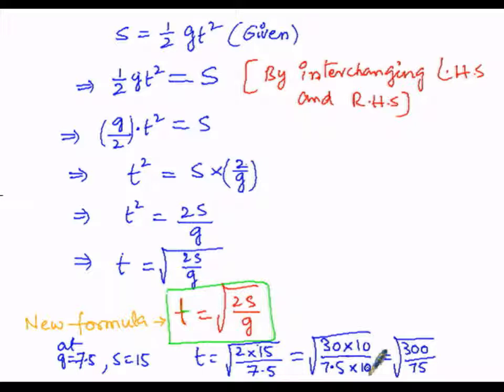So that implies root of 300 divided by 75. Now 5 ones are 5, 2 is left over, that is 25, 5 fives are 25.